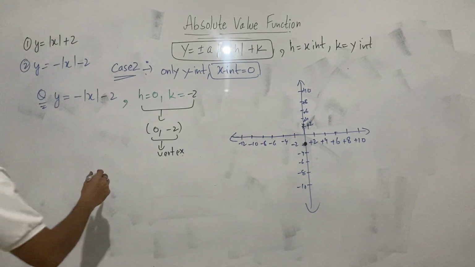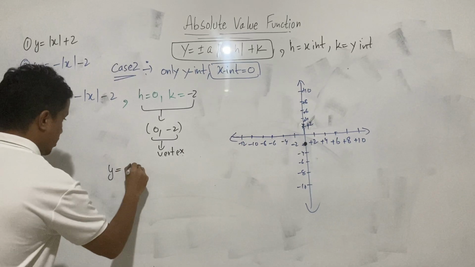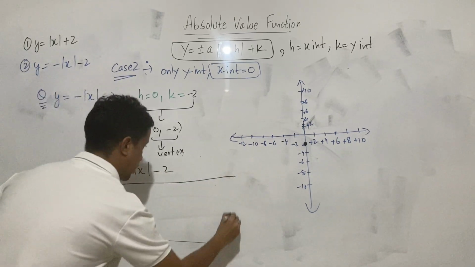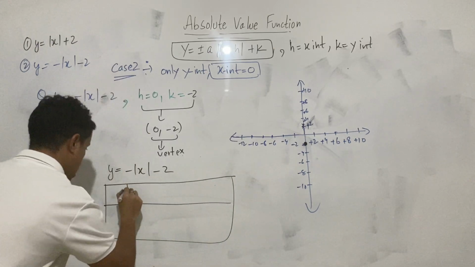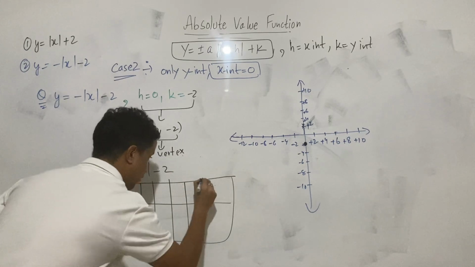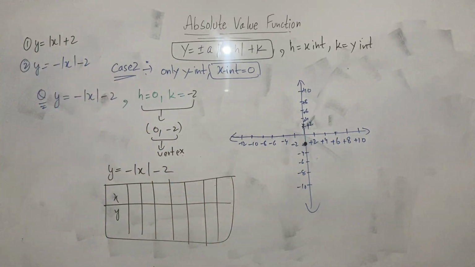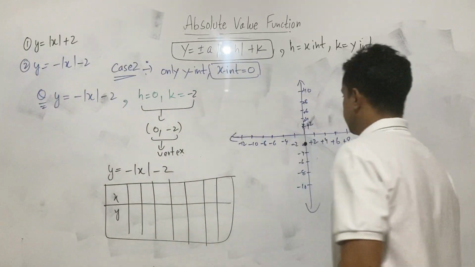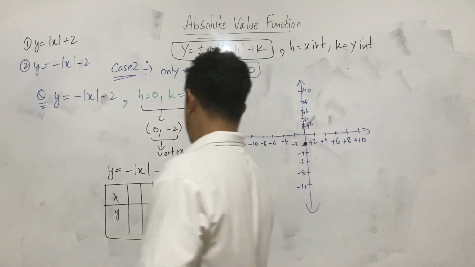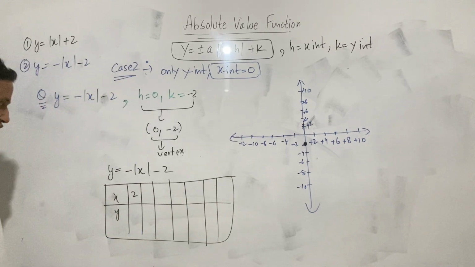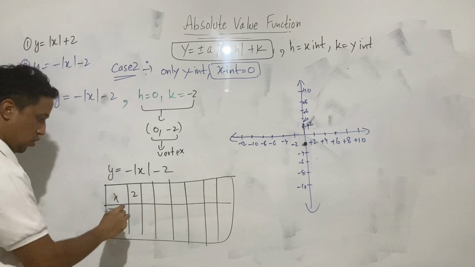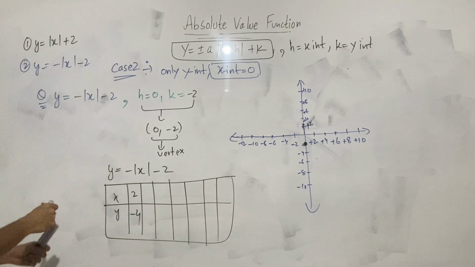Now what I will do here, I will just write this one and check the values of x and y. What values will I get for y if I put x as something? Let's start with 0, it's already minus 2. For 2, it will become minus 2, minus 2, minus 4.